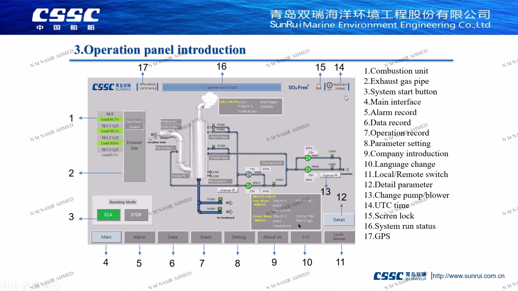For smoke, the smoke from our main engines and generators passes through the secondary tower into the main tower. After cleaning, clean exhaust gas is discharged directly.